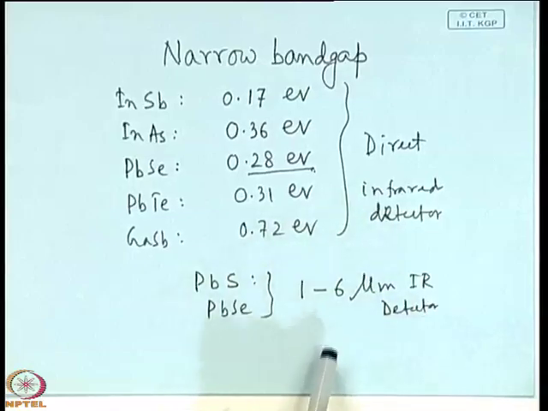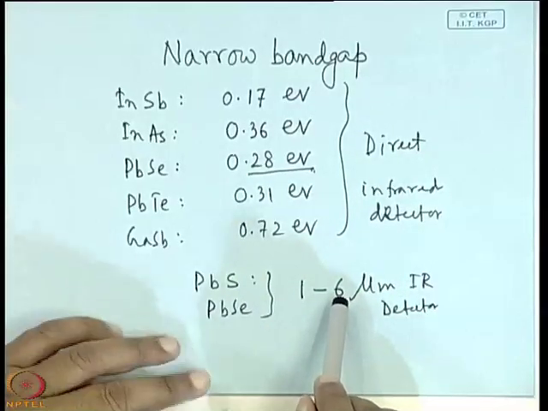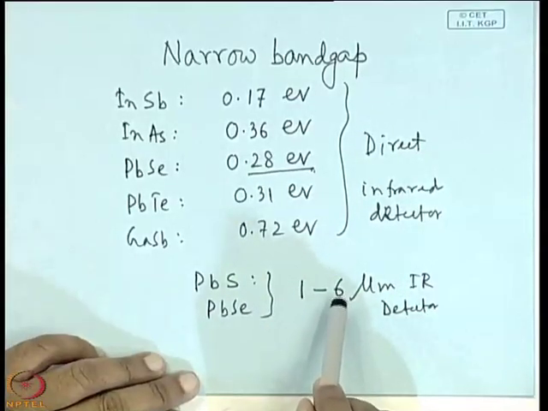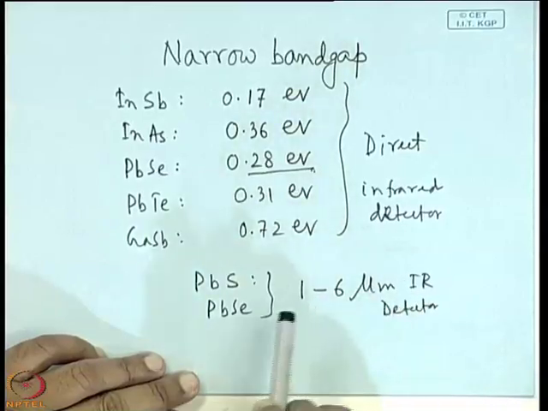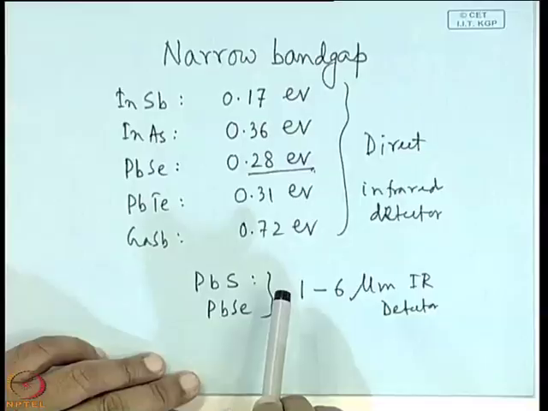Where is it used? 1 to 1.5 micron, we know, is used in fiber optic communication. 1.3 micron, 1.55 micron, we have discussed, are used in fiber optic communication.